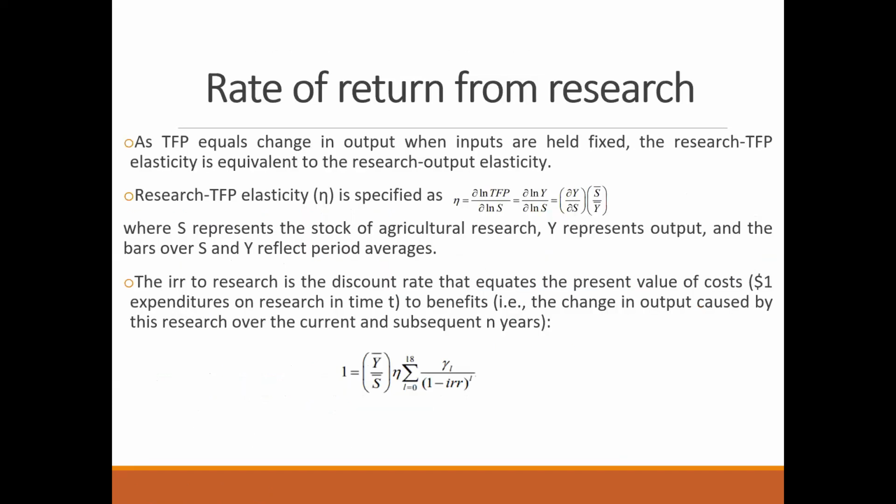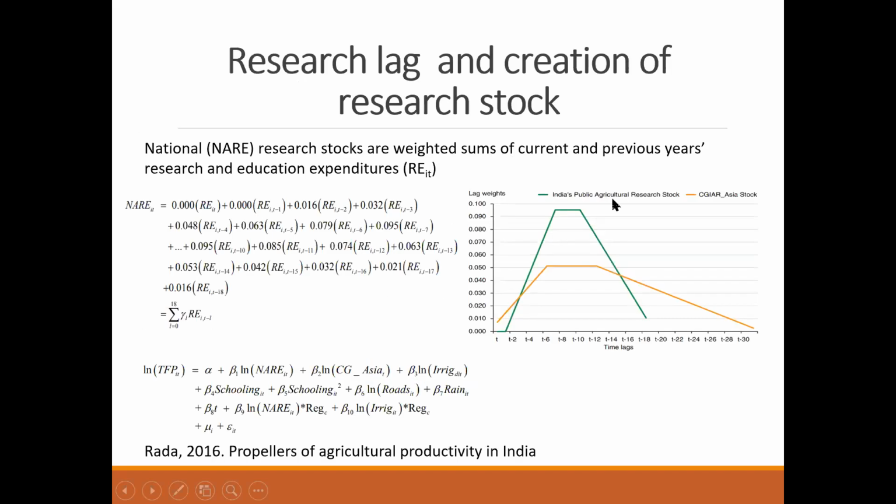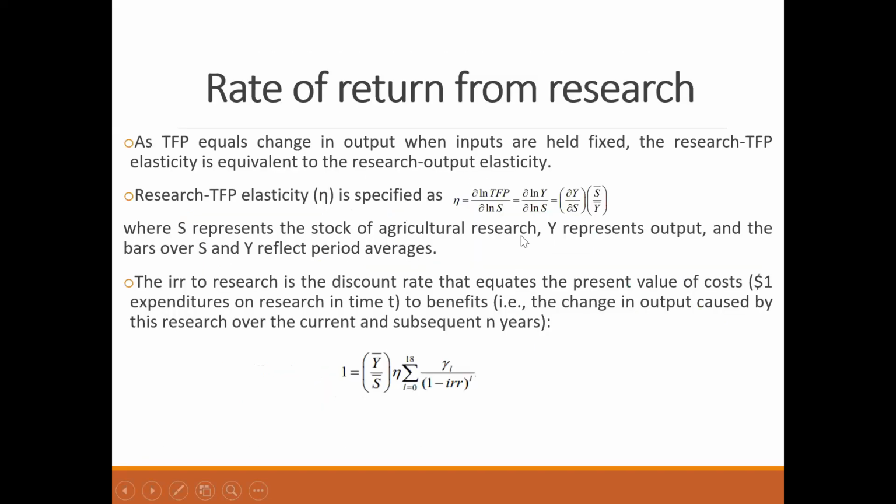Lastly, the rate of return from the agriculture sector. The elasticity of TFP with respect to research is this B2, which he has calculated from this equation. This will help in calculating the internal rate of return from research.